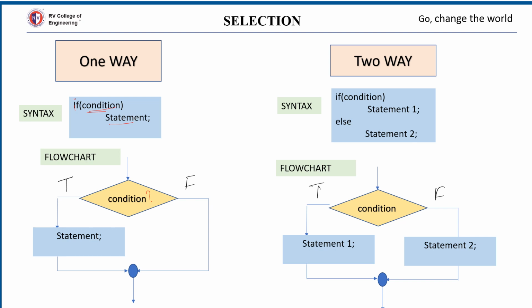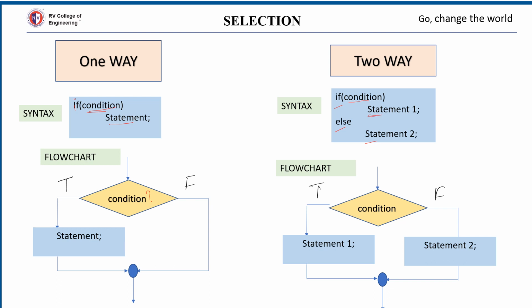Two-way selection. We have two alternatives to be chosen, one among the two statements, that is either statement 1 or statement 2, but not both. We make use of two-way selection using if, else. The syntax is if followed by a condition. If the condition is true, execute statement 1.